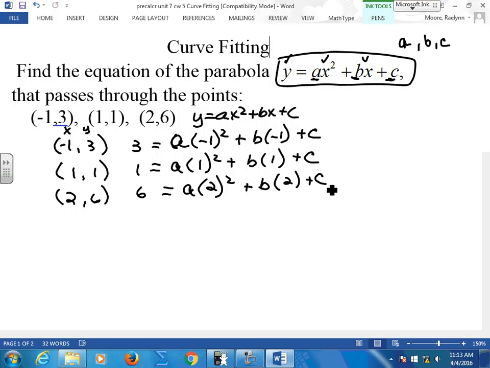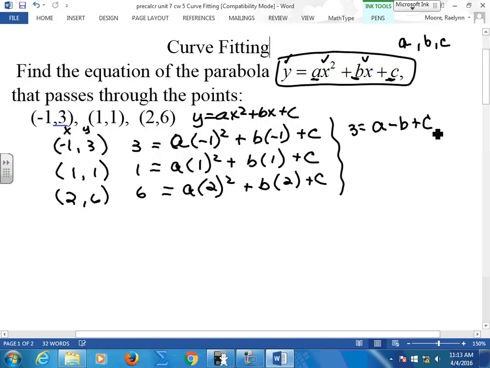Okay, now we're just going to simplify these guys. We're going to say 3 is equal to, -1 squared is 1, right? So a minus b plus c. I'm just simplifying them. 1 squared is 1, so 1 is equal to a plus b plus c.